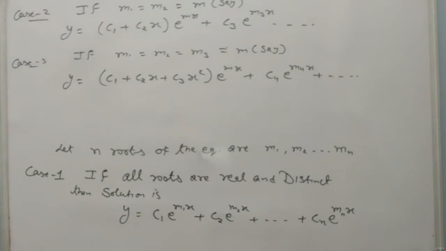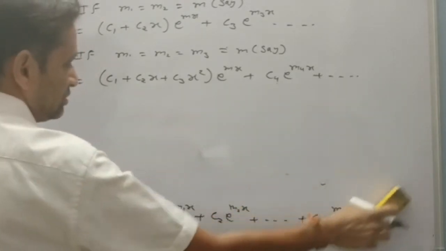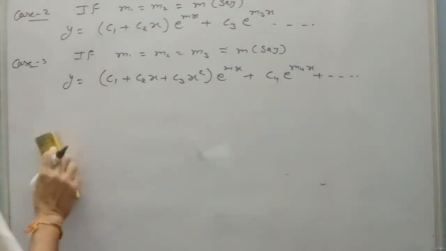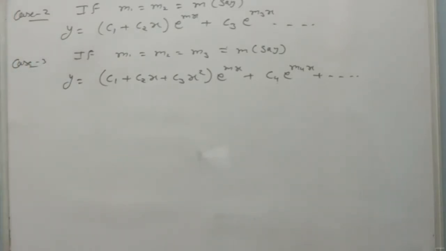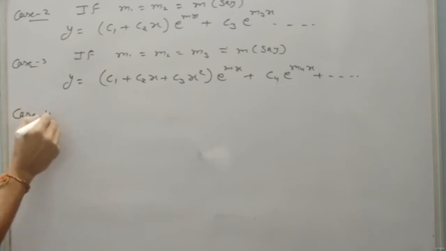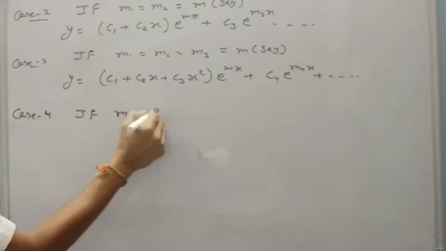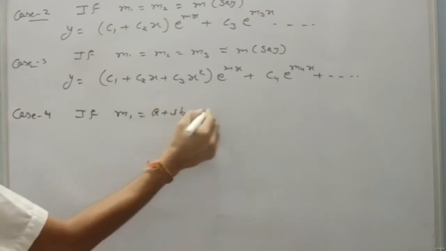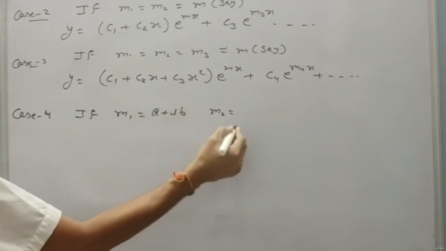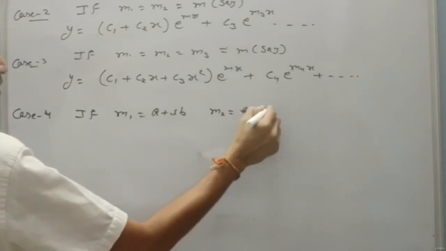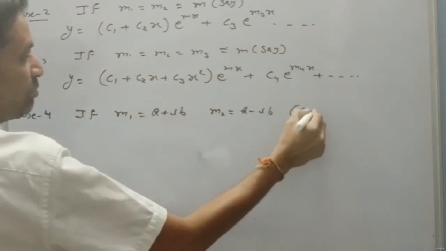There are some special cases also. There is no necessity that the roots are always simple; there can also be complex roots. So case number 4: if m1 = a + ib and m2 = a - ib, so we have complex roots.